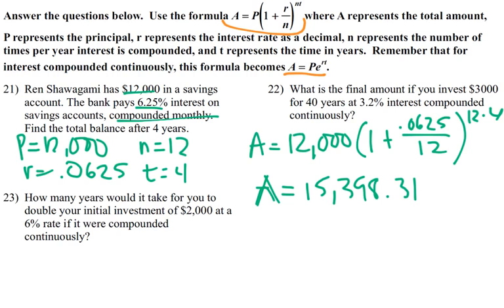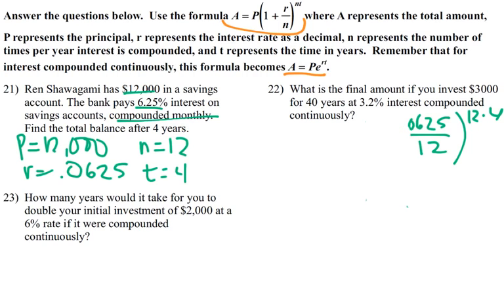Now, always round to two decimal places because we're dealing with money. So $15,398.31. So they made, in those 4 years, $3,398.31. Not too bad. But that's all you're doing with these type of problems, is you use the equations to figure out the piece that's missing.